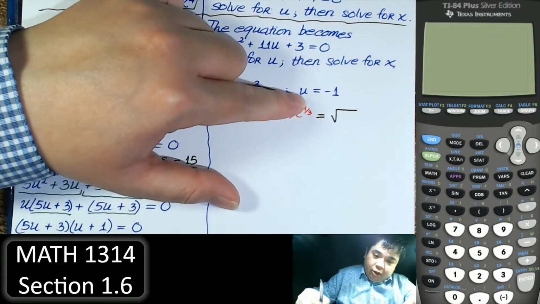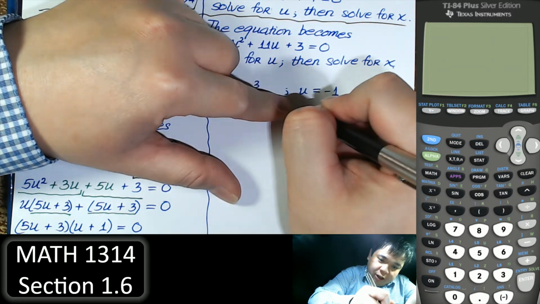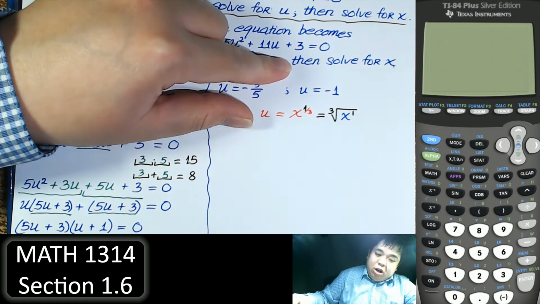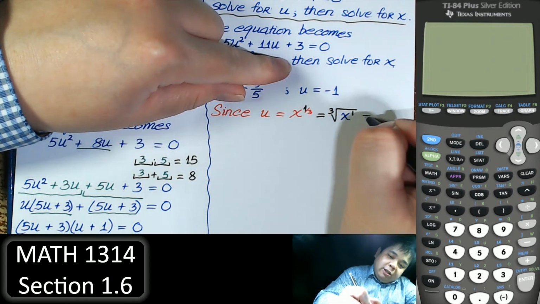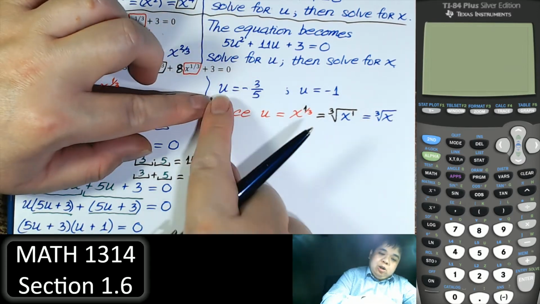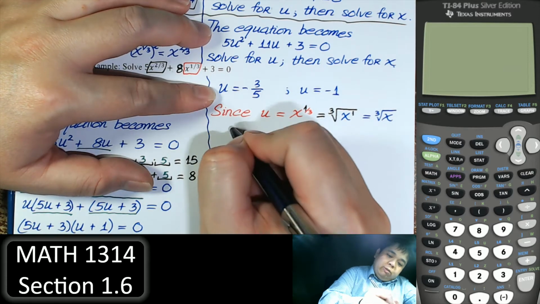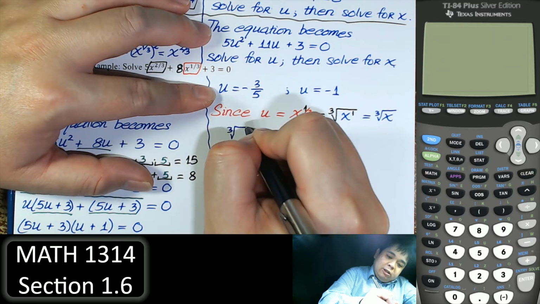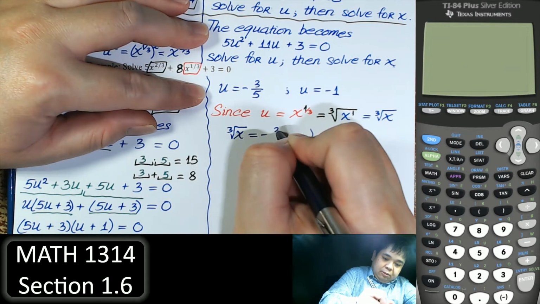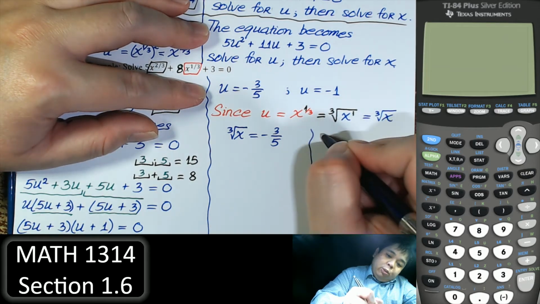So we will have x with power 1 on the top and the root at the bottom. So this is just the cube root of x. So u is the cube root of x. So from here, instead of u, we put the cube root of x.